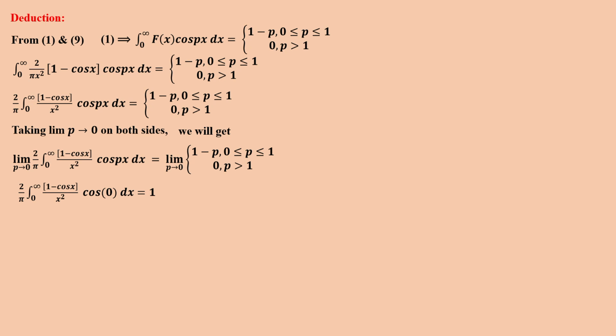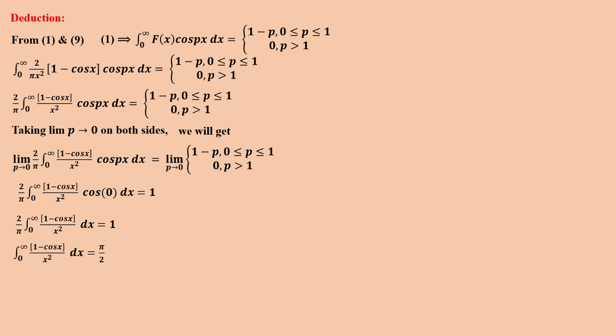So applying the limit, 2 divided by pi integral 0 to infinity of (1 minus cos x) by x square, cos 0 into dx, because p tends to 0. Here p tends to 0 means we will get 1 only, right? 1 minus p, first term only, 1 minus 0, that is 1. So 2 divided by pi integral 0 to infinity of (1 minus cos x) by x square, because cos 0 is 1, into dx is equal to 1.